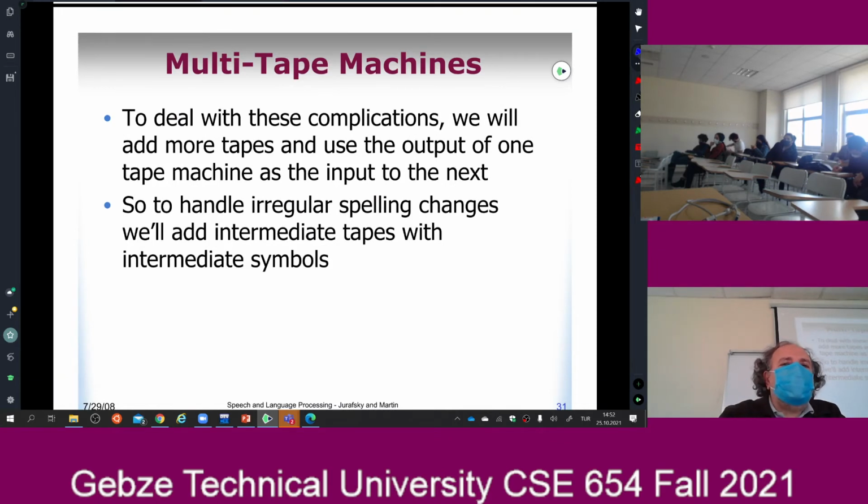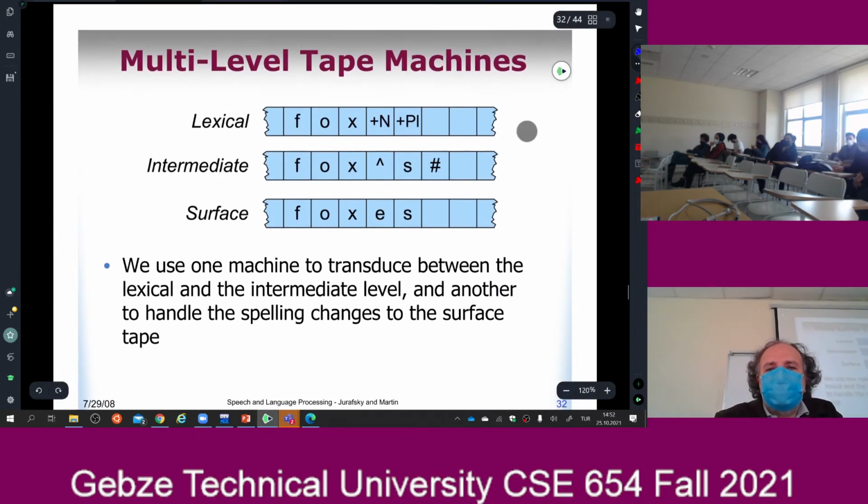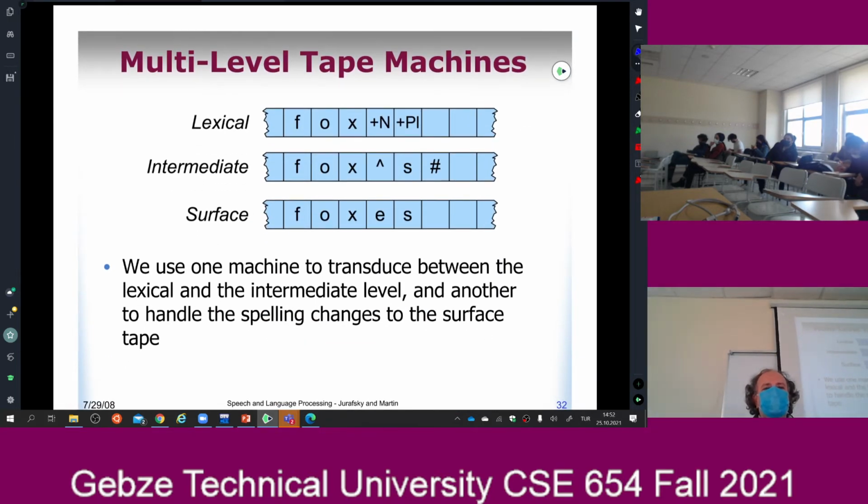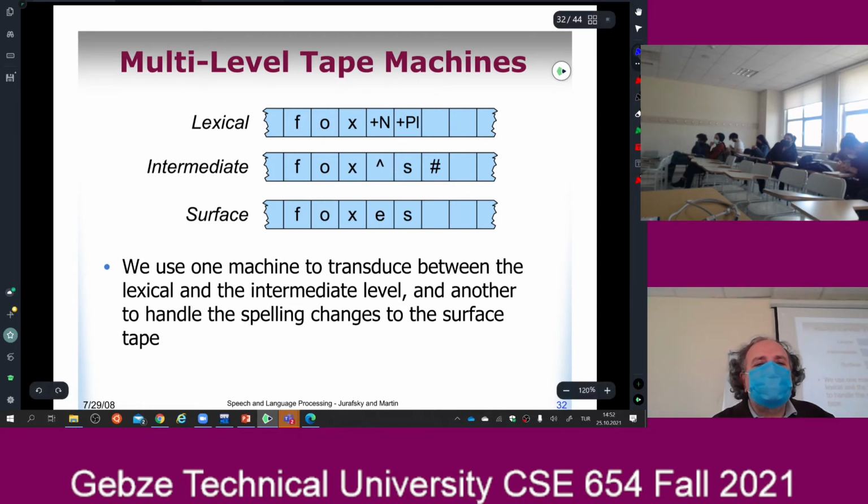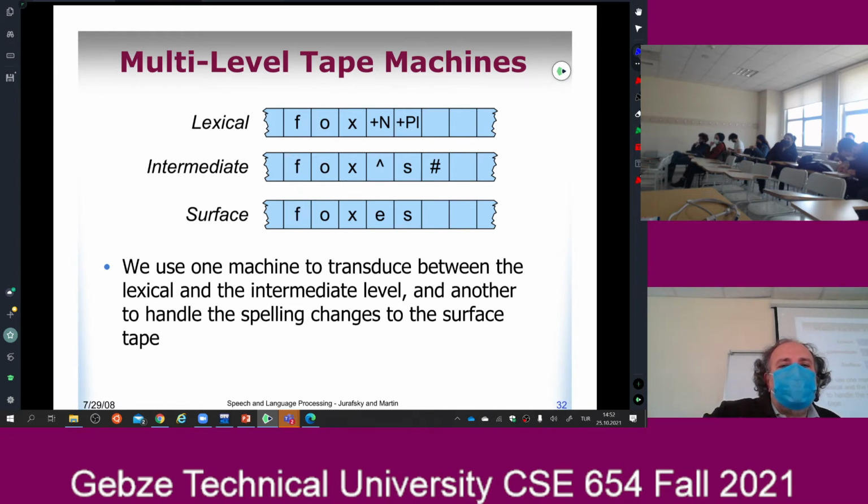So the idea is, we have these multi-tape machines, and this is what we are going to do. There will be one or more finite state machines working between the surface and intermediate tape. Another set of finite state machines working between the intermediate and lexical.